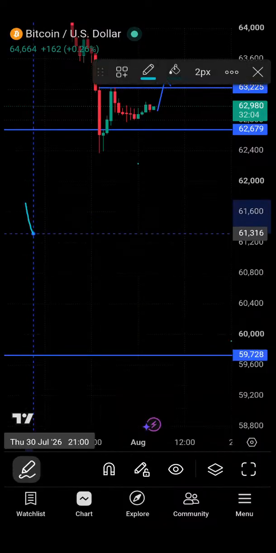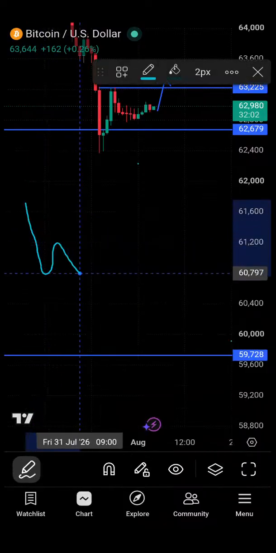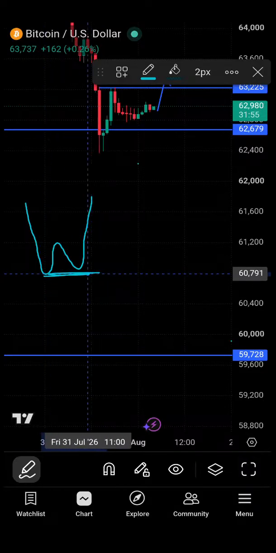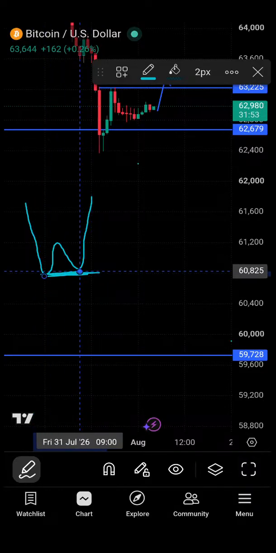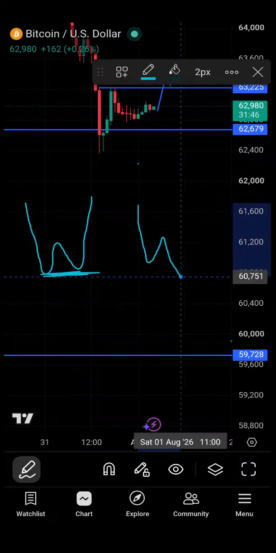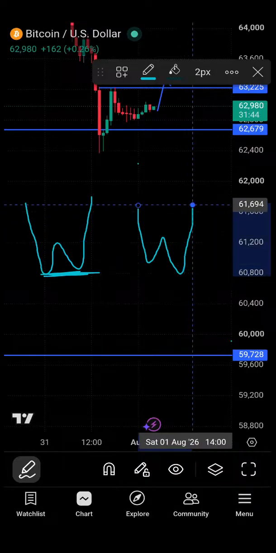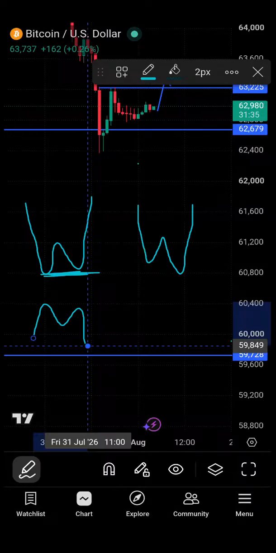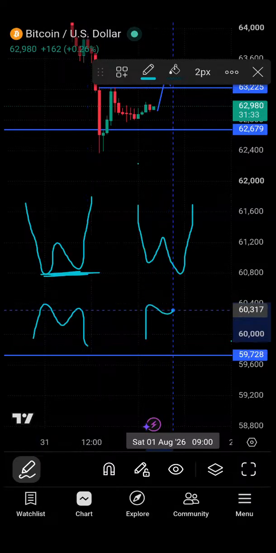We are having a double bottom that is like this, a double bottom that has equal highs, and there is a double bottom that doesn't have equal highs, like this, and we also have a double top that has equal highs, and we have another one that doesn't have equal highs.